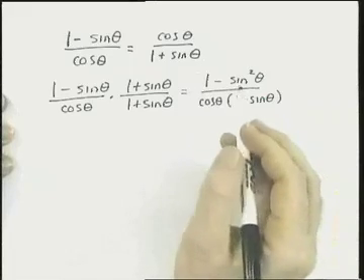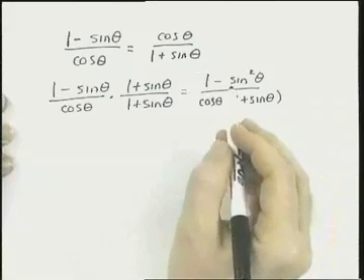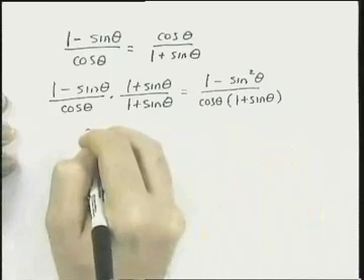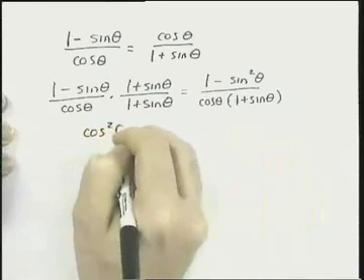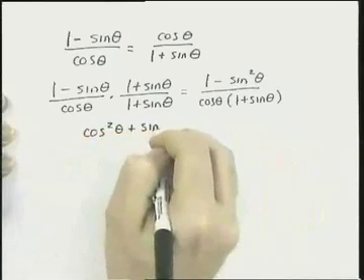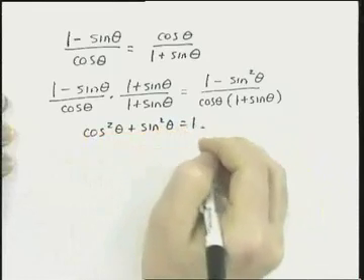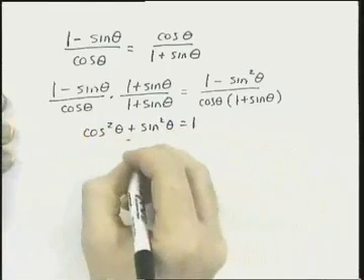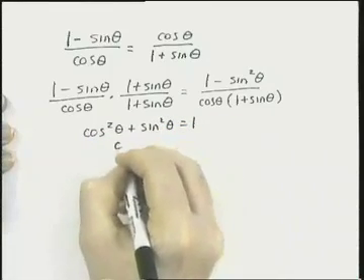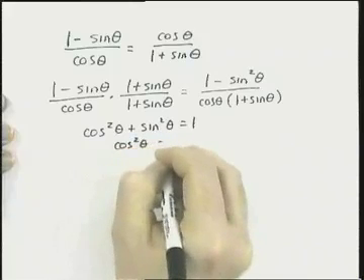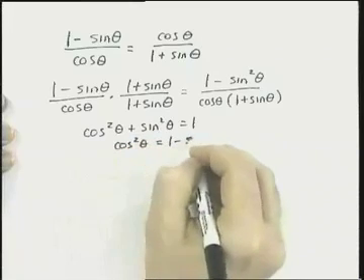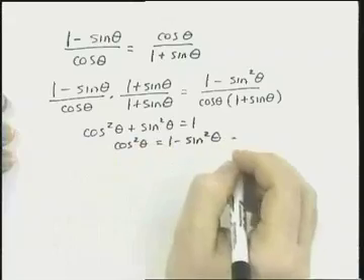So again, 1 minus sine squared of theta, that's going to be cosine squared of theta. In case you don't see that, we're used to sine squared of theta plus cosine squared of theta equals 1. Well, if I subtract sine squared of theta from both sides, I get cosine squared of theta equals 1 minus sine squared of theta.